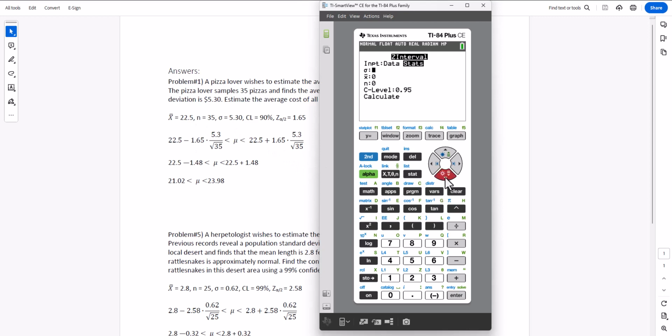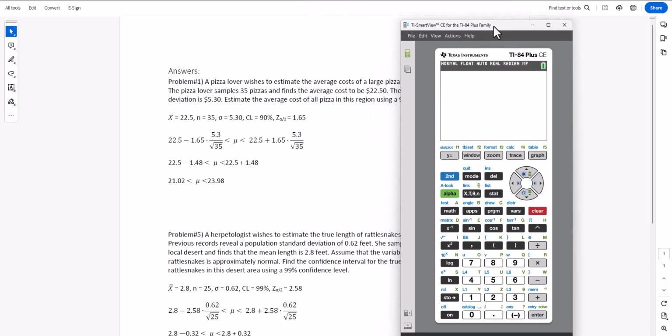Sigma is 5.3. The sample mean is 22.5. Sample size is 35. The confidence level, which is written as a decimal, 0.90, and then we calculate. We get 21.02, 23.97. Keep in mind that this value is more precise than our value here because I've rounded.